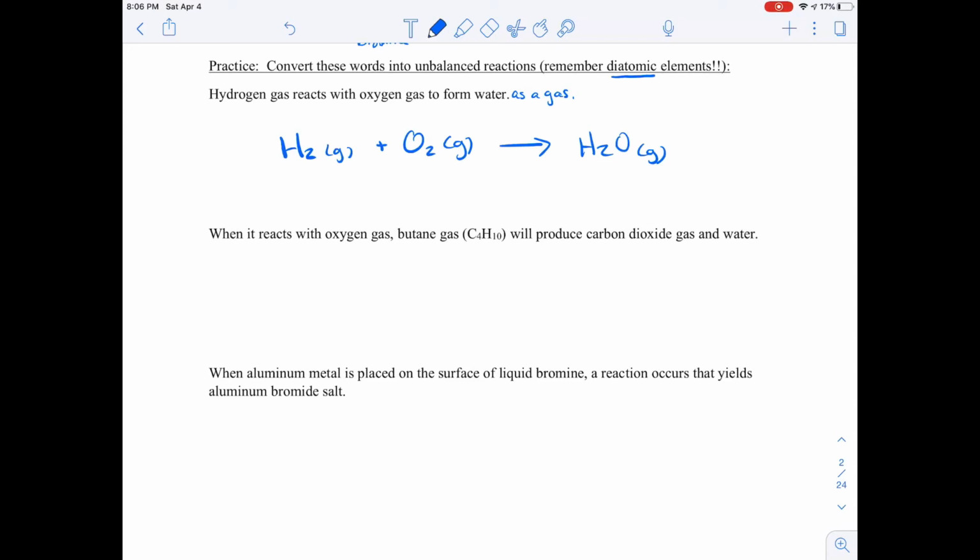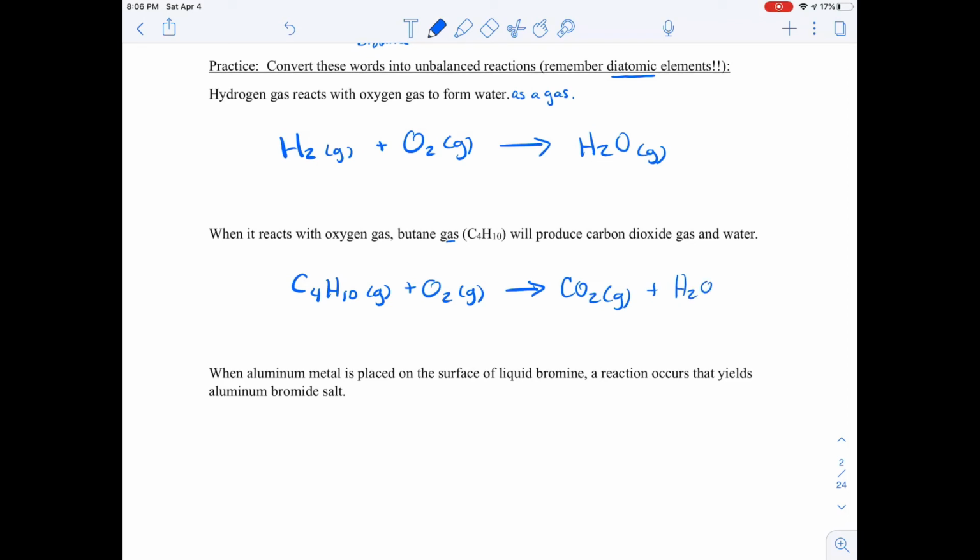When it reacts with oxygen gas, butane gas, did you hear how that was phrased? Basically what they're saying is that butane is reacting with oxygen. So C4H10, a gas, plus oxygen gas, will produce carbon dioxide gas plus water.